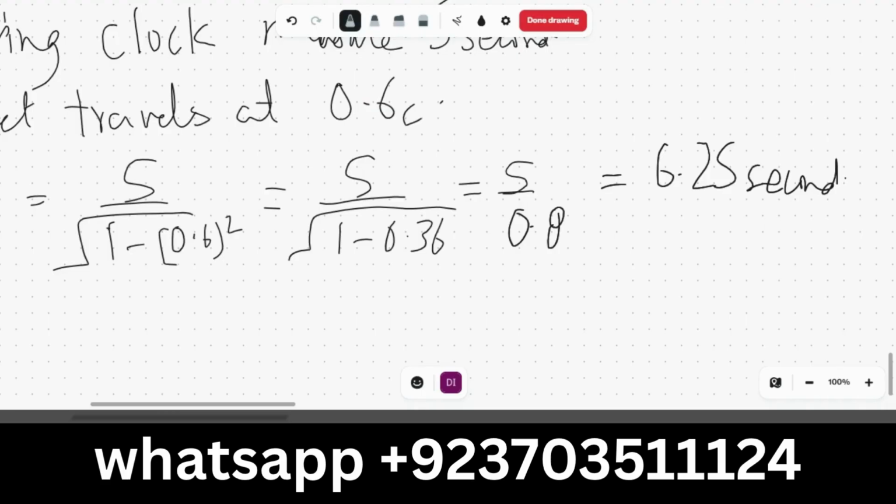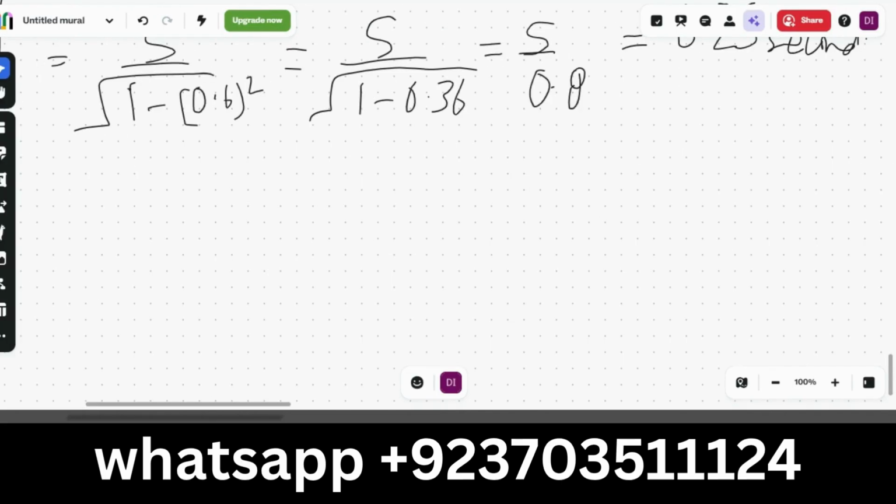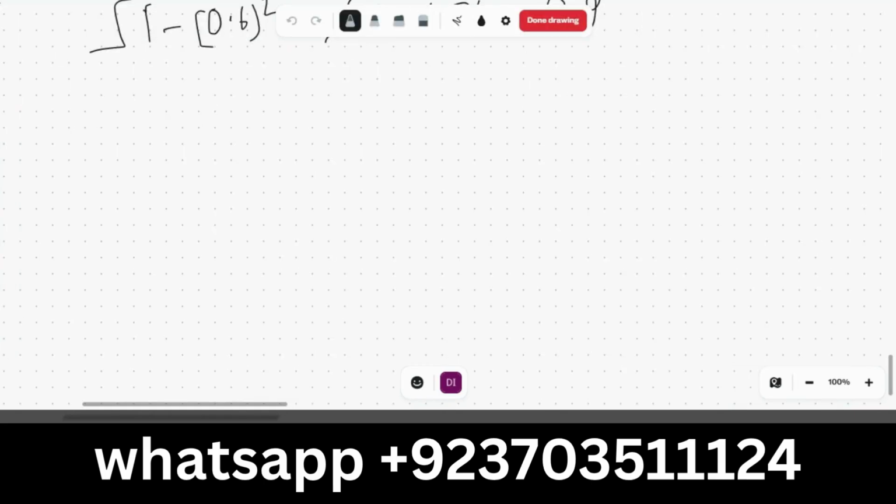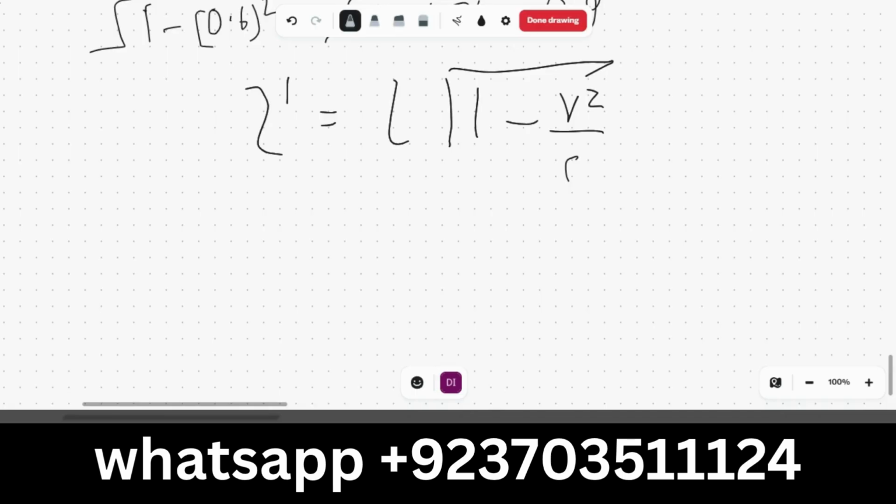Now we are going to talk about length dilation. The formula for that is simply L dash is equal to L times the square root of 1 minus v square over c square.